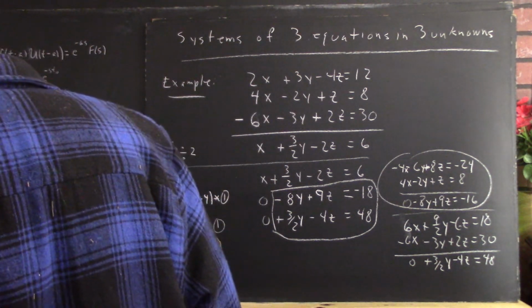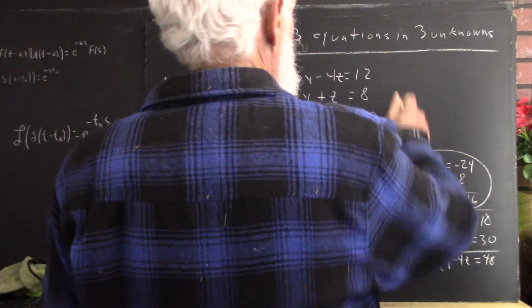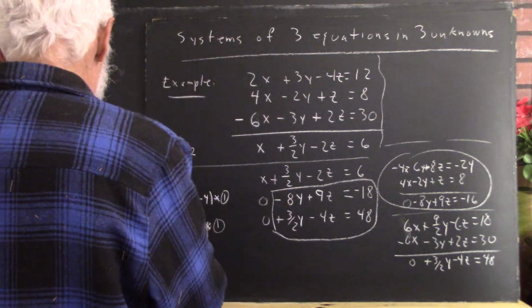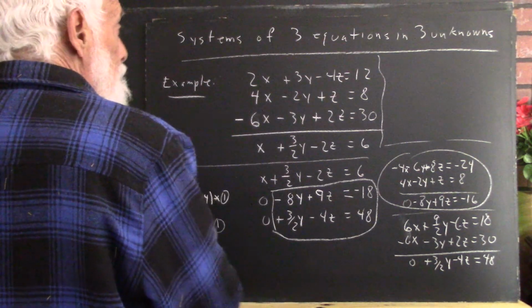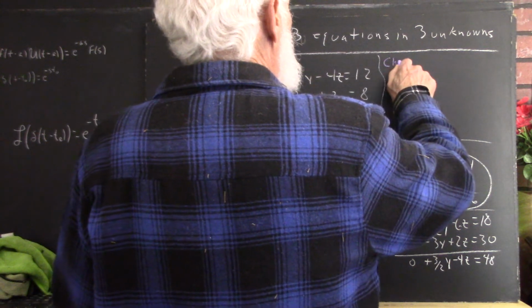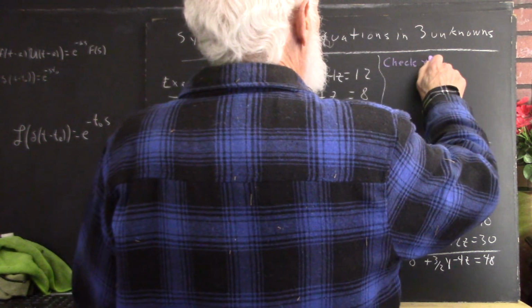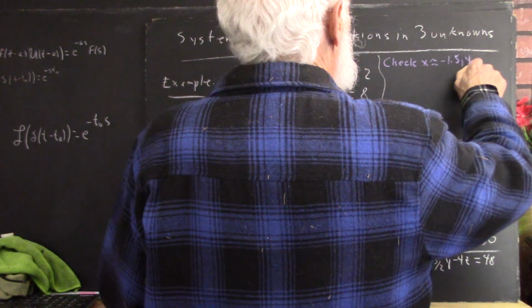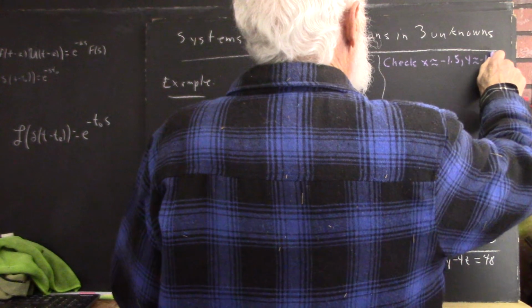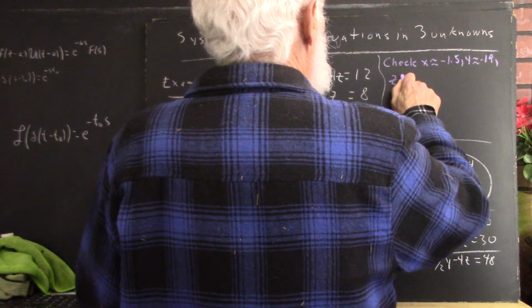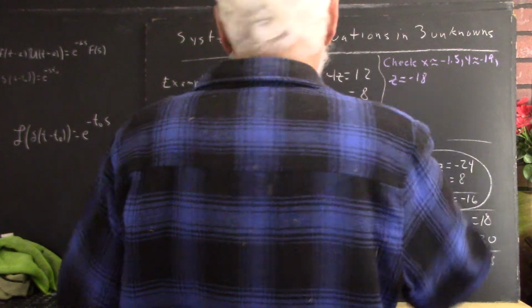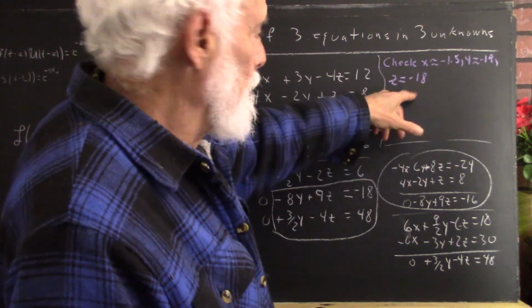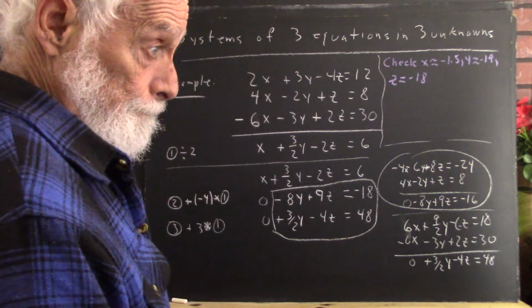Okay, so we have X is about negative 1.5, Y is about negative 19, Z is about negative 18.